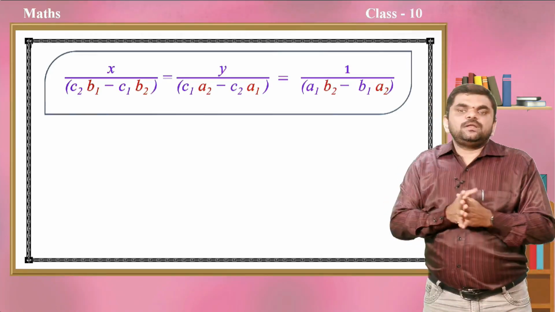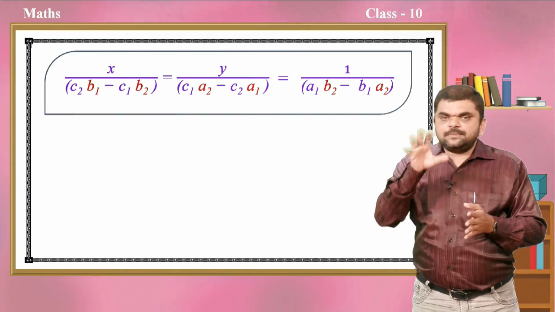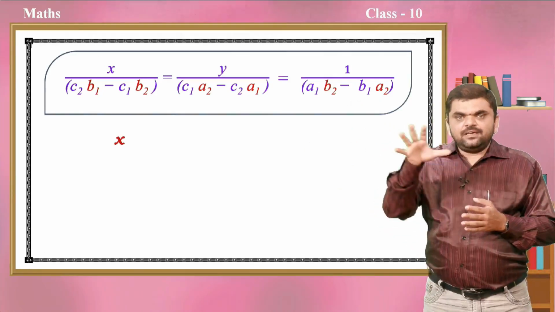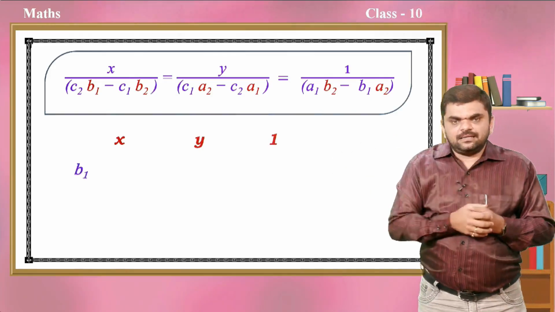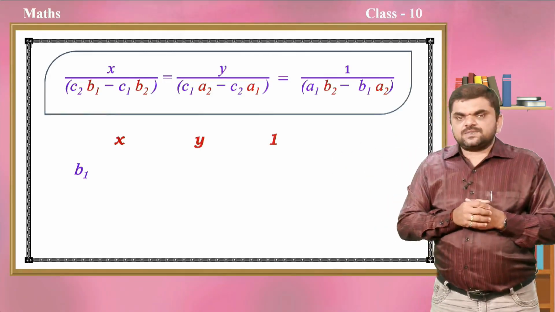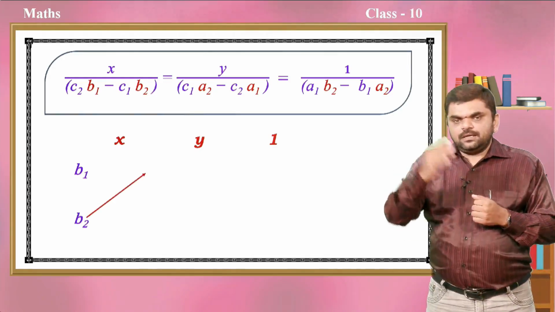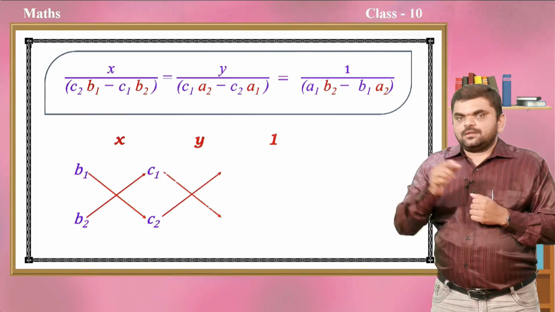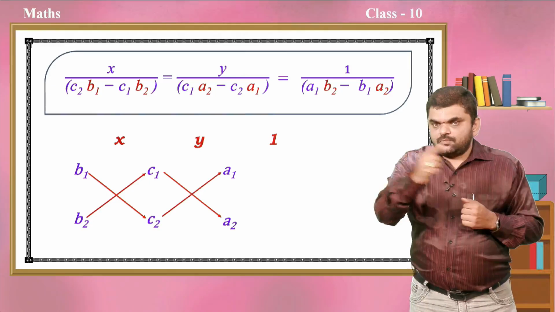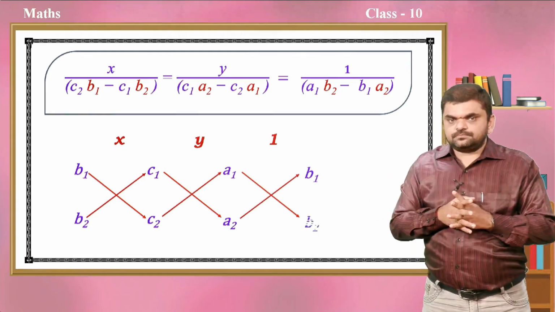This is the simple formula for the cross multiplication method. To remember it simply, how? Just write like this: x, b1 b2; for y, c1 c2; for 1, a1 a2, and again repeat b1 b2.